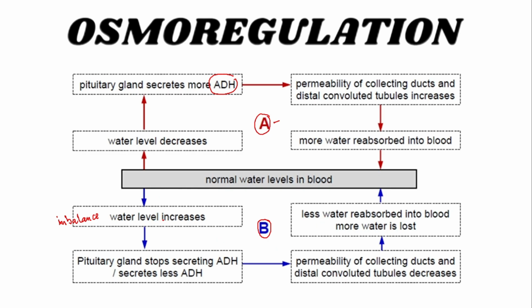So if water levels increase, then the pituitary gland stops secreting ADH. Remember we said, if there's too much water in your blood, the pituitary gland will respond to the imbalance by stopping the secretion of ADH, because the purpose of ADH is to conserve as much water in your body.